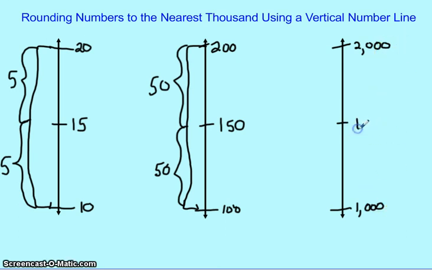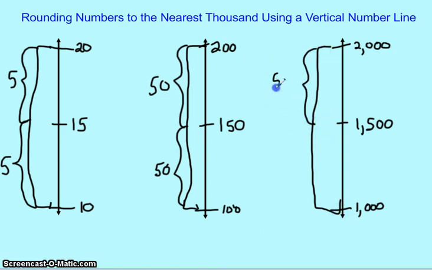If you said 1,500, you would be correct. Again, we look at the span. It's 1,000, and so halfway would be 500, and this would be 500. All right, so you should see a pattern there with each of these.